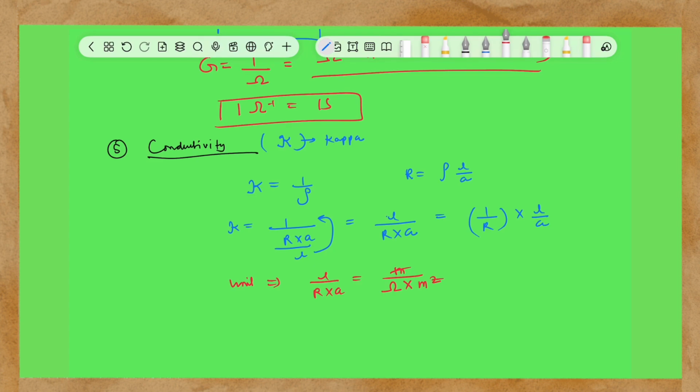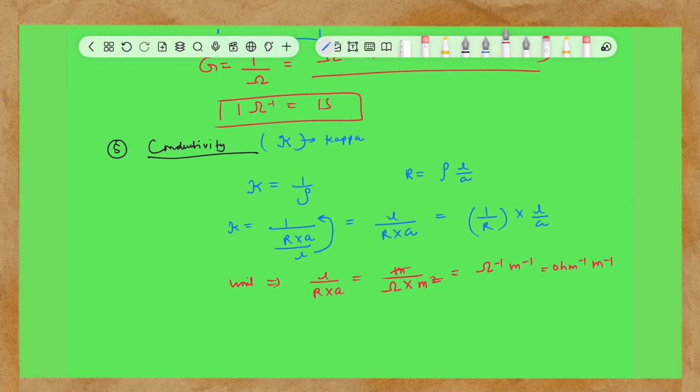Then we will get 1 meter square cut by 1 meter, so we get per ohm per meter. Sometimes we write it as per ohm per meter.